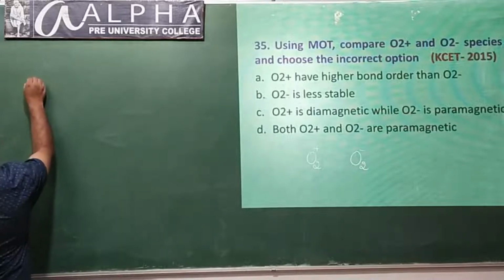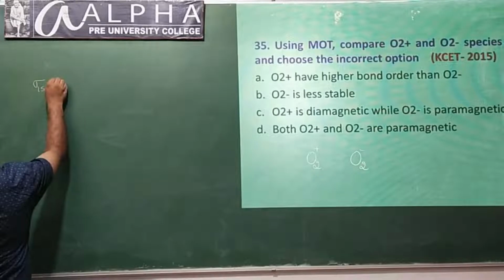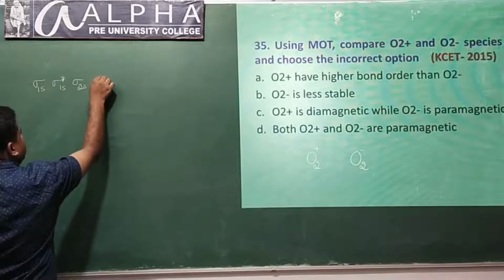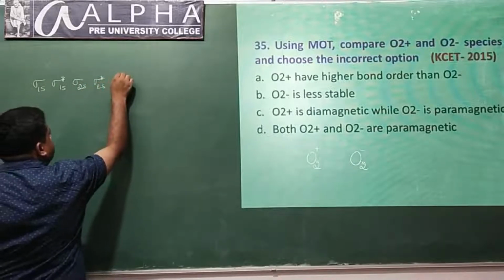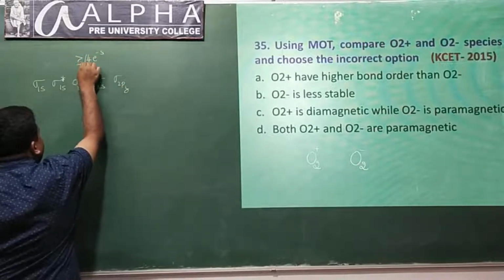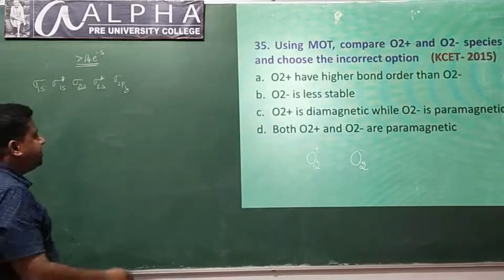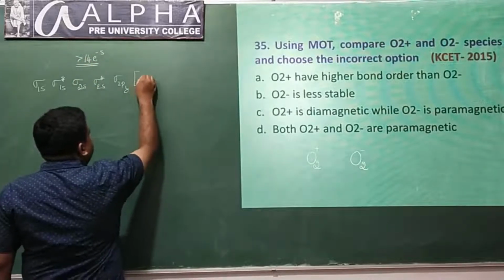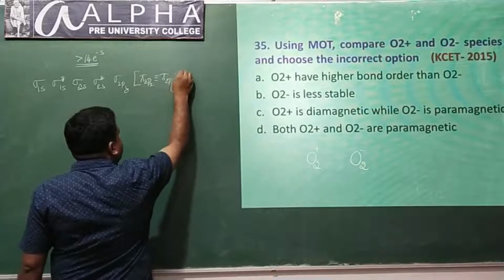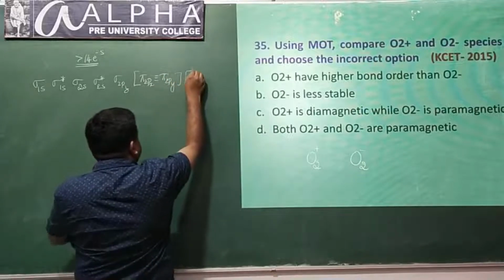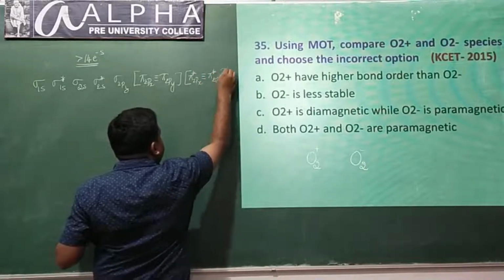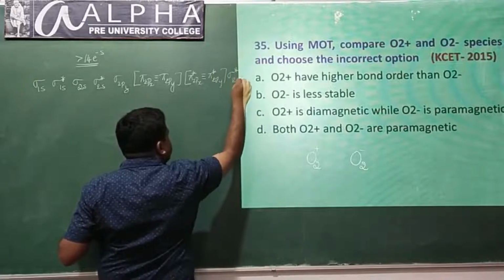The electronic configuration is sigma 1s, sigma star 1s, sigma 2s, sigma star 2s, then sigma 2pz, then pi 2px, pi 2py, and then pi star 2px, pi star 2py, and lastly sigma star 2pz.